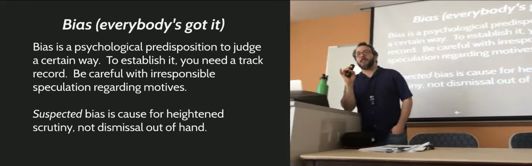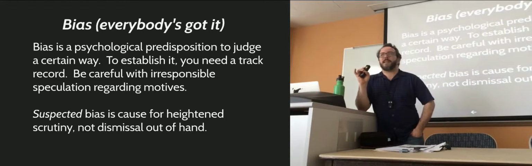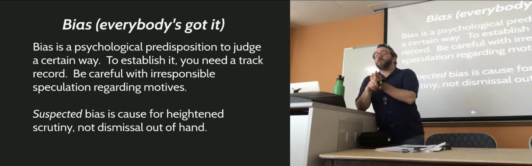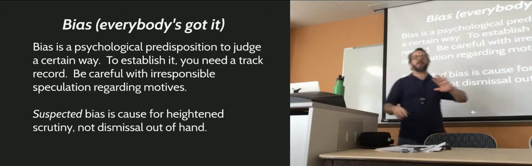Bias is a psychological predisposition. It's a psychological state, and there are only a couple of ways that I think you can make a justifiable claim that a source is biased. One, you can demonstrate a long track record of making certain decisions in a certain way.